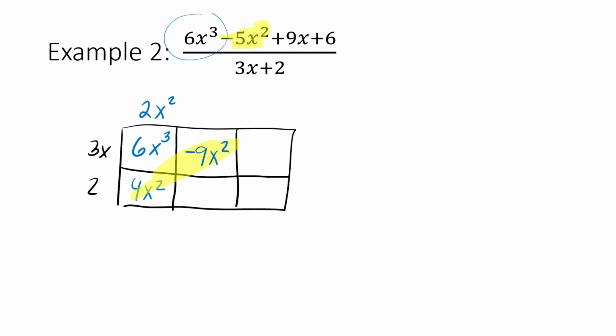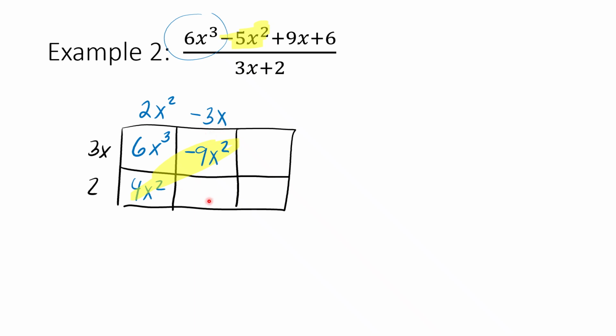Okay, negative 9x squared, because negative 9x squared plus 4x squared would give me the negative 5x squared. 3x times what would give me negative 9x squared? Well, that's going to be negative 3x. And again, you can double check it. Say 3 times negative 3 is negative 9. X times x is x squared.